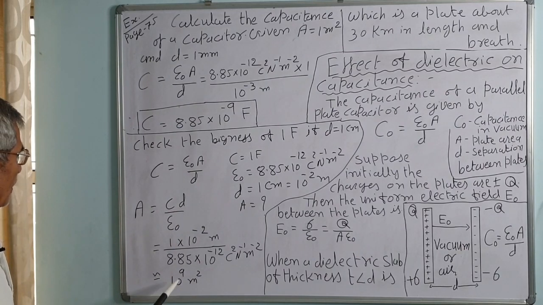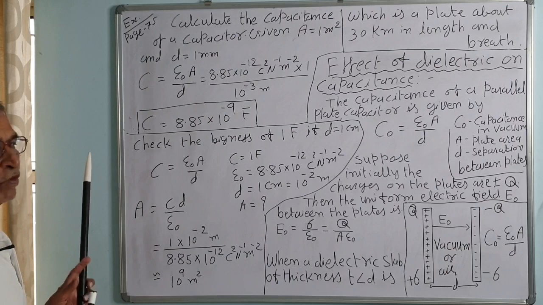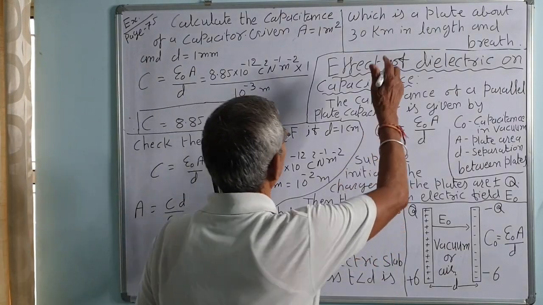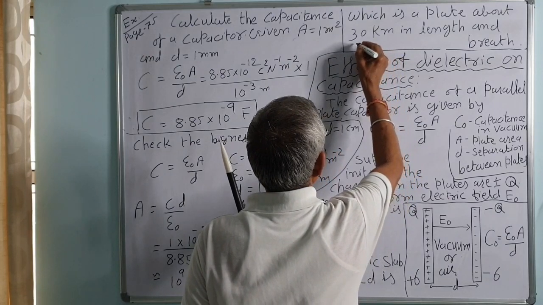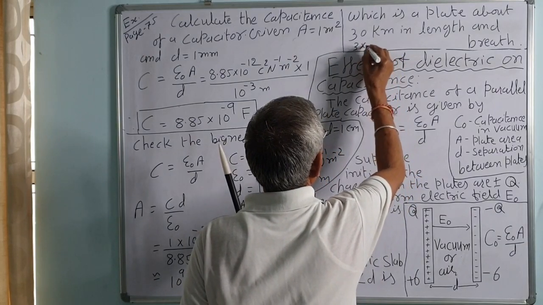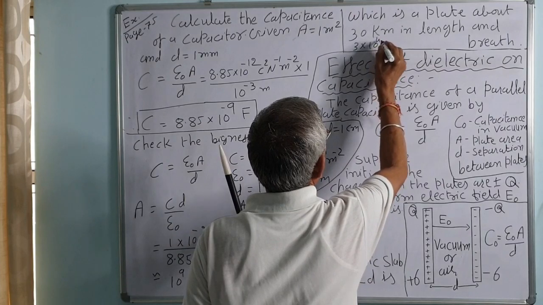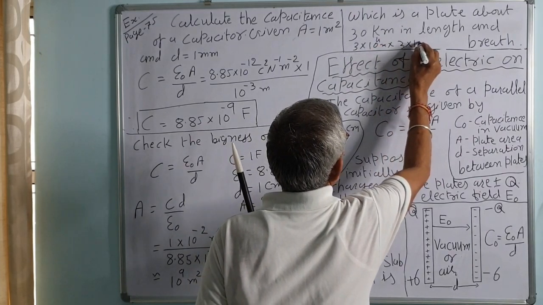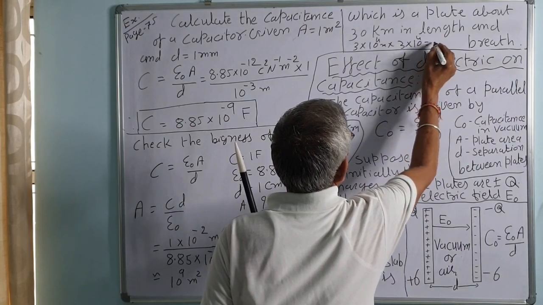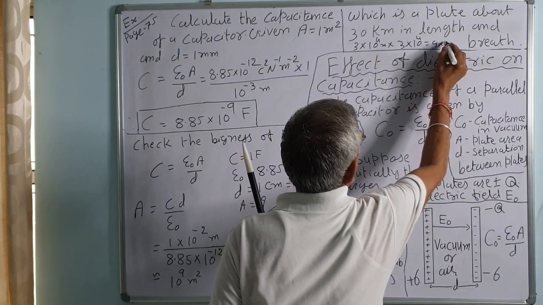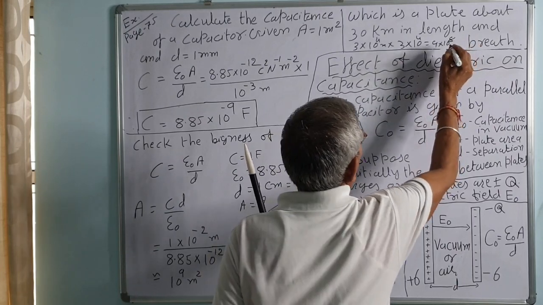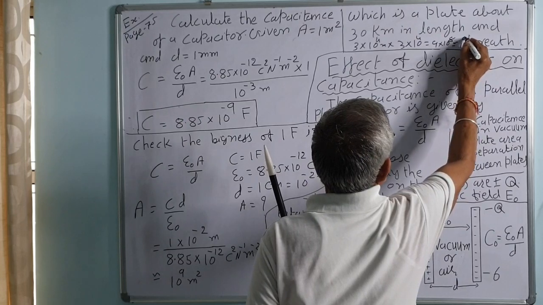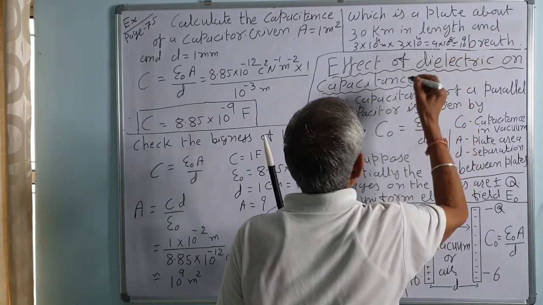That is, the area of the plate is 10 raised to 9 square meters, which is equal to about 30 kilometers by 30 kilometers, length and breadth. You can say that is 3 into 10 raised to power 4 meters into 3 into 10 raised to power 4 meters, that comes about 9 into 10 raised to power 8, approximately 10 raised to power 9, correct.